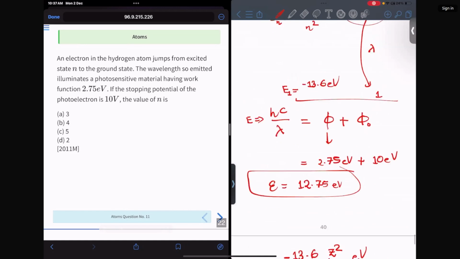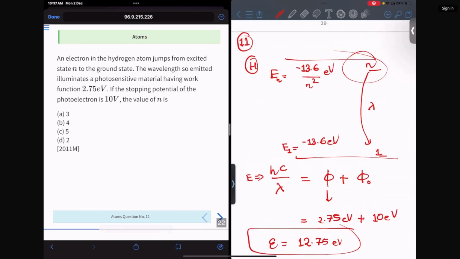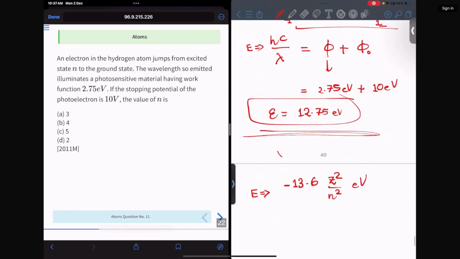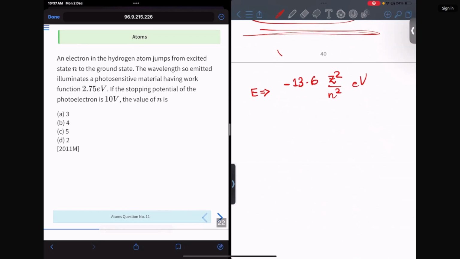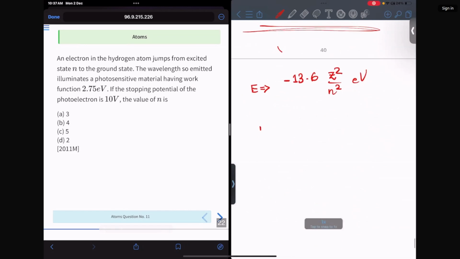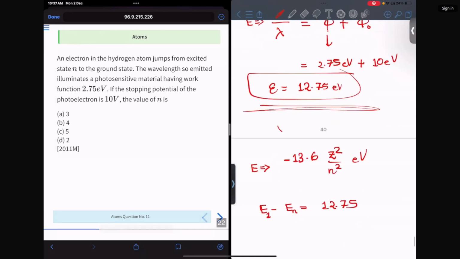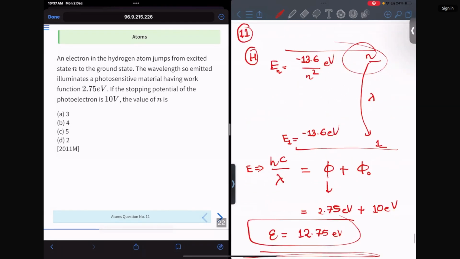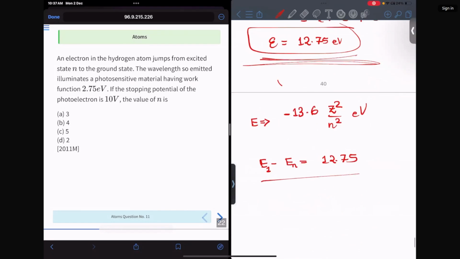So when it is transitioning from N to 1, the difference is 12.75. What can you write? E1 minus En is equal to 12.75. When it is moving from N to 1, the energy difference is 12.75, so that's what I wrote here.